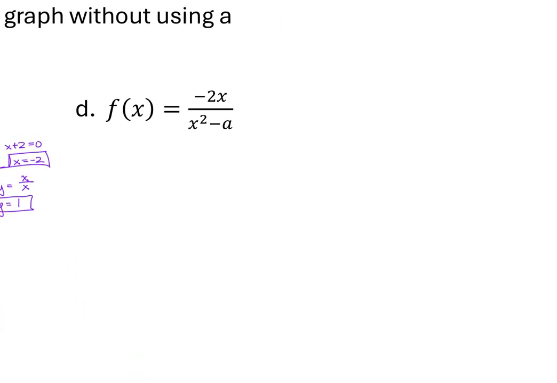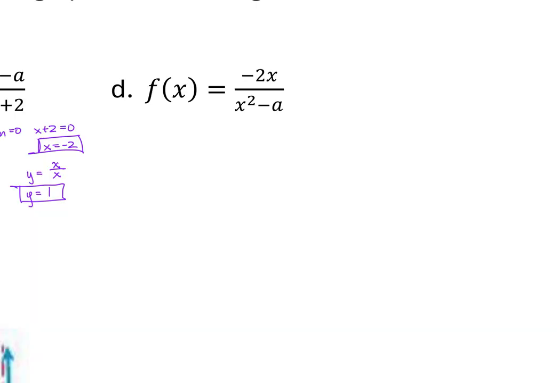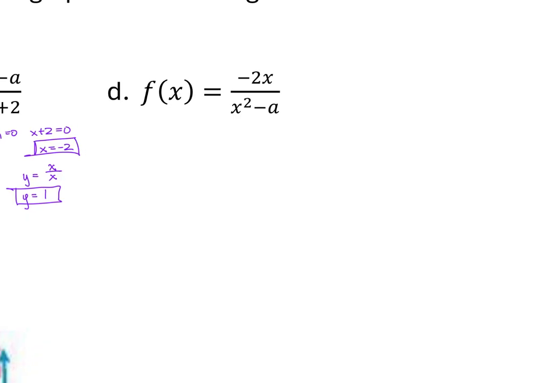All right, last one. We have example D. The first thing that we have is when we talk about our vertical asymptotes. And I know it's kind of weird because we don't have a number there, but what we do is we set our denominator equal to 0.